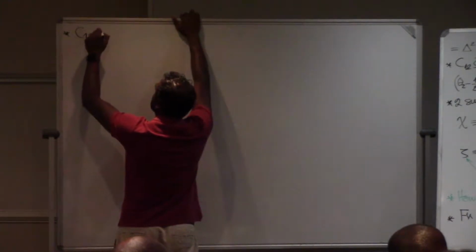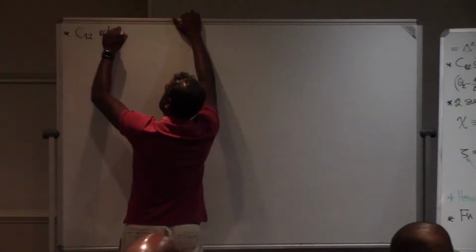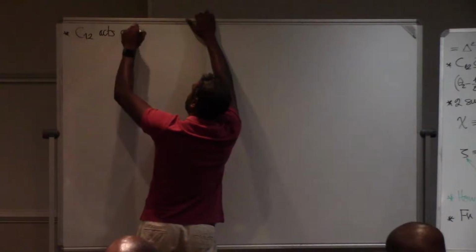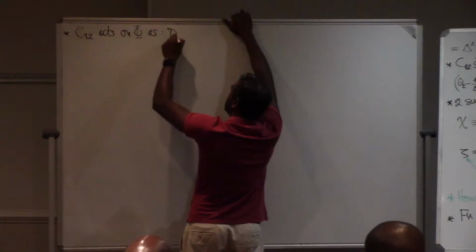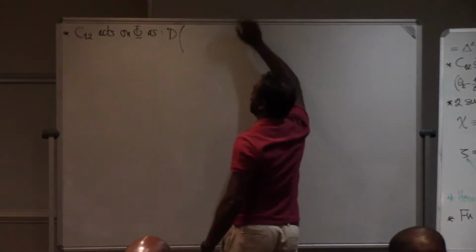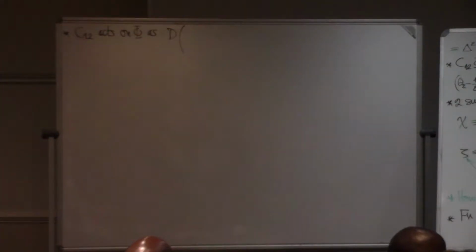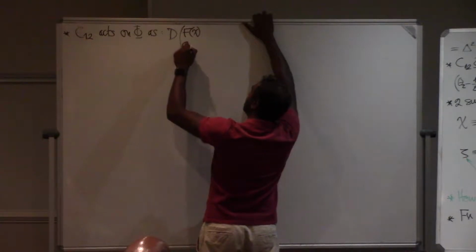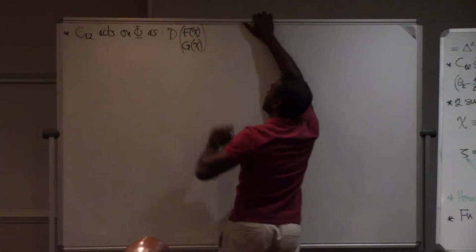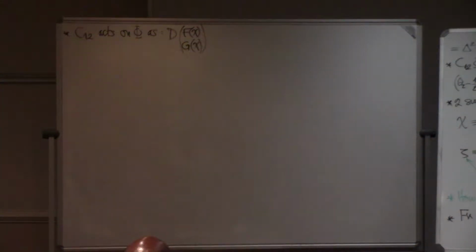C12 acts on phi as, let's write it in matrix form, where D is a 2x2 second order differential operator acting on a vector f of chi and g of chi.